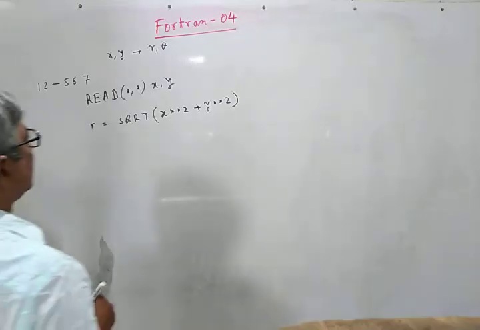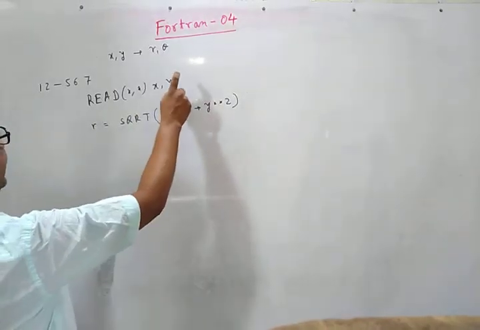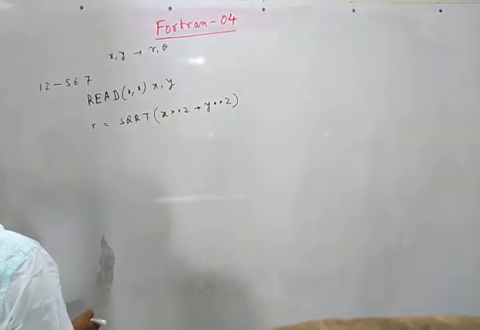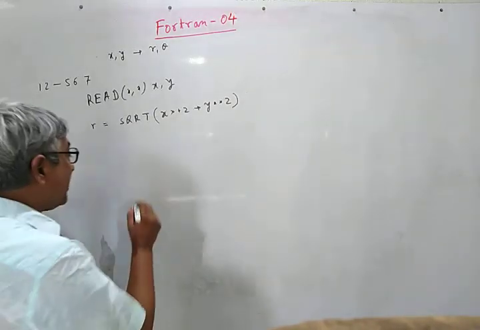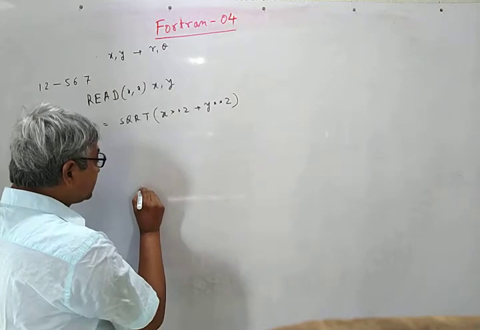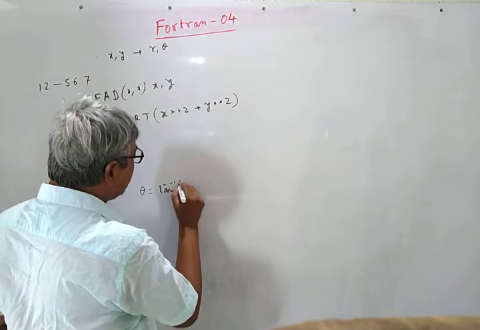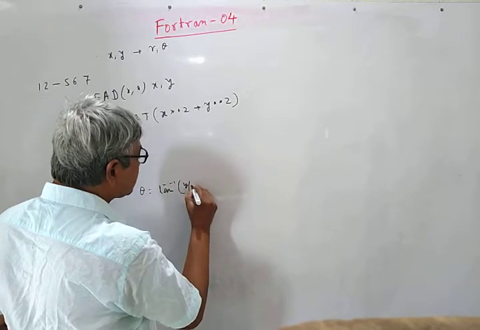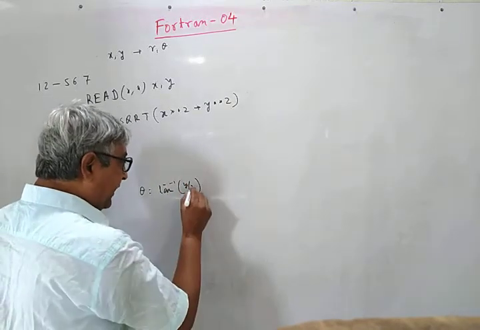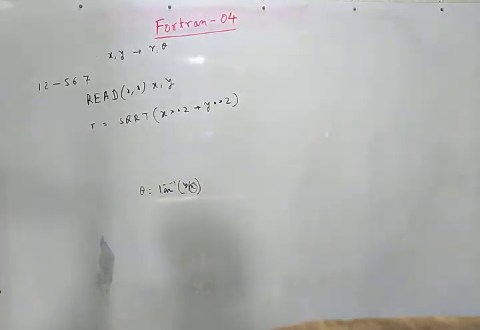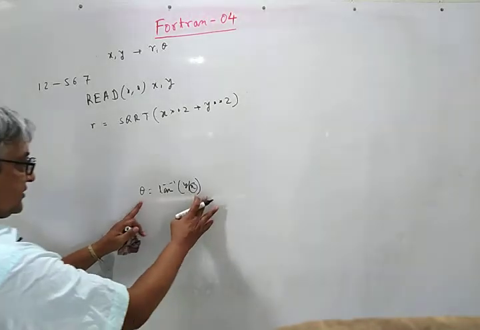Now if we want to find out theta, then there is a problem. Firstly, tan theta is equal to y by x, so theta is tan inverse of y by x, but there is a restriction that x must not be 0. If x happens to be 0, then tan theta is not defined from this relation.